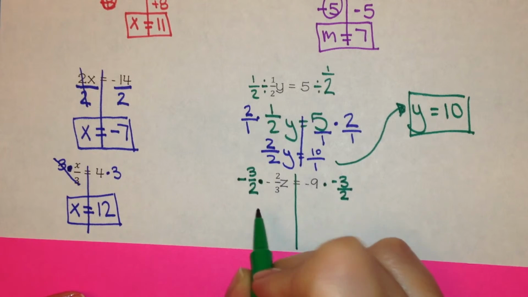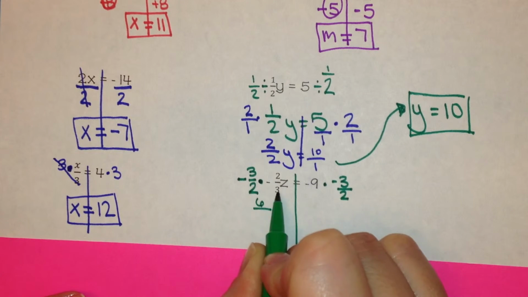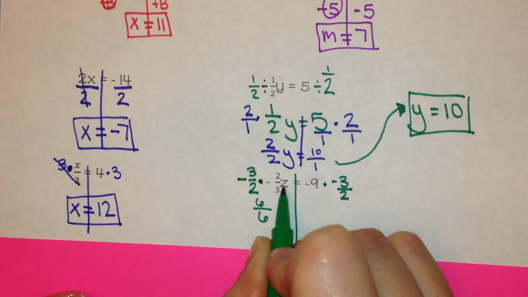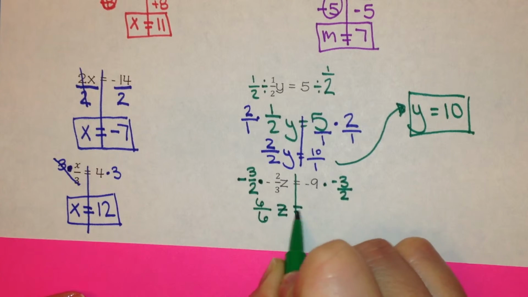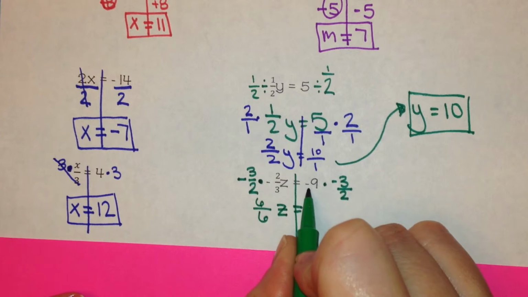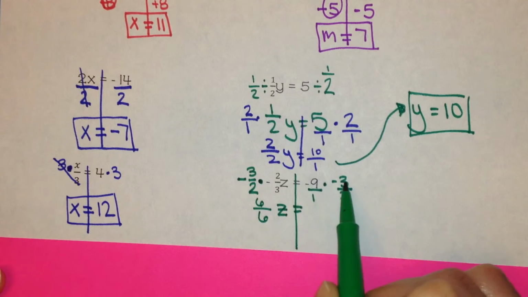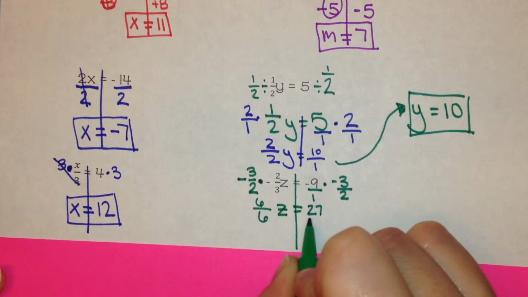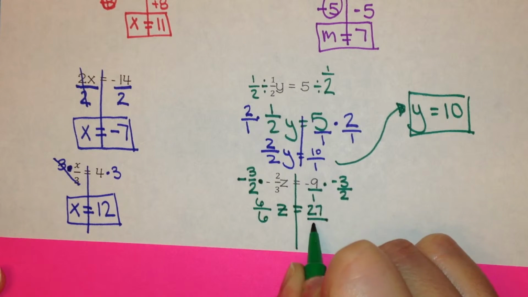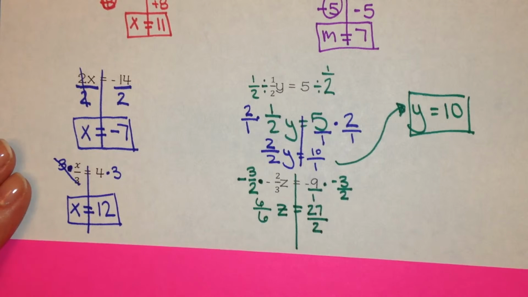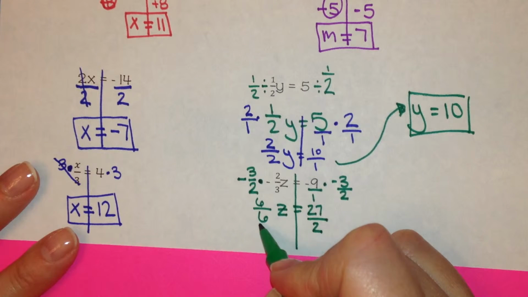3 times 2 is 6 over 2 times 3 is 6. I have a z equals, all right, I can just put a 1 below this 9. I know a negative times a negative will be a positive. 9 times 3 is 27 over 1 times 2 is 2. Right, 6 divided by 6 is 1.